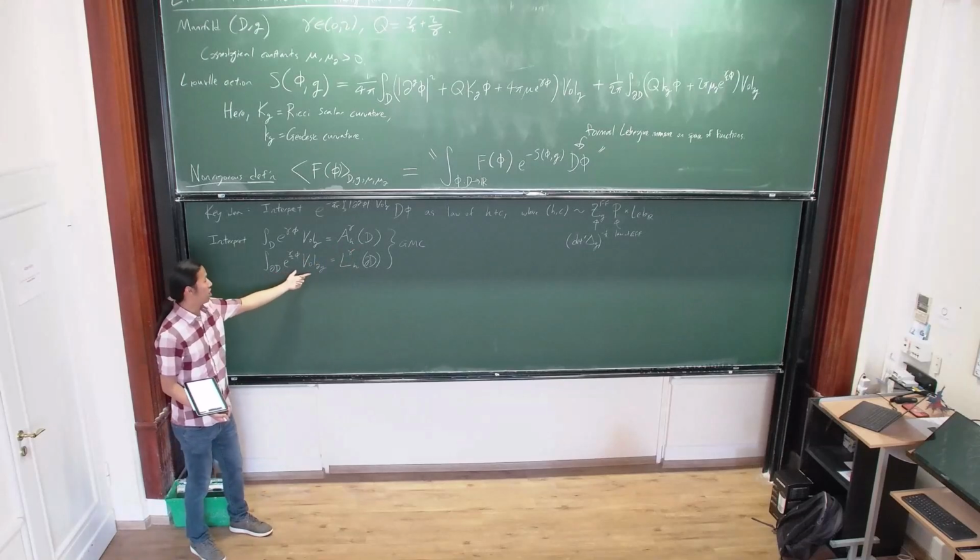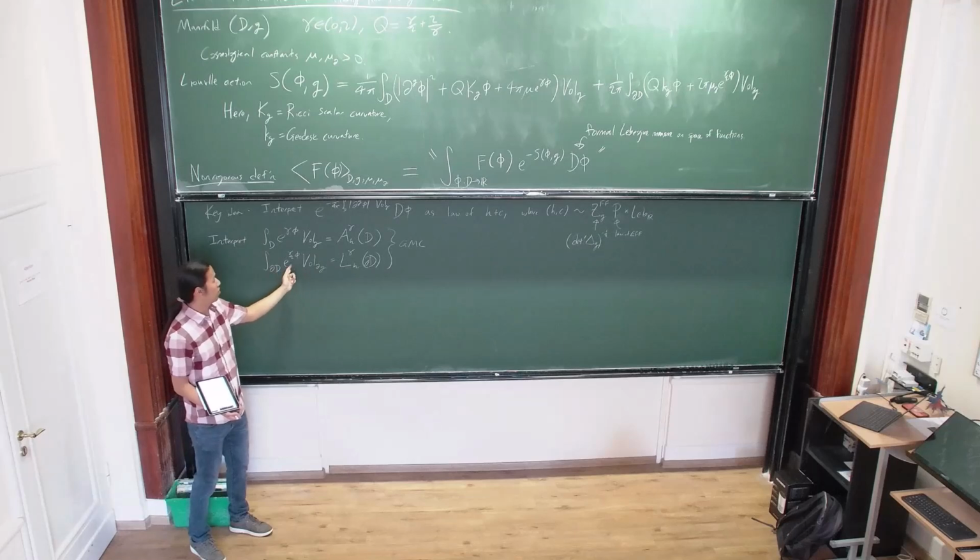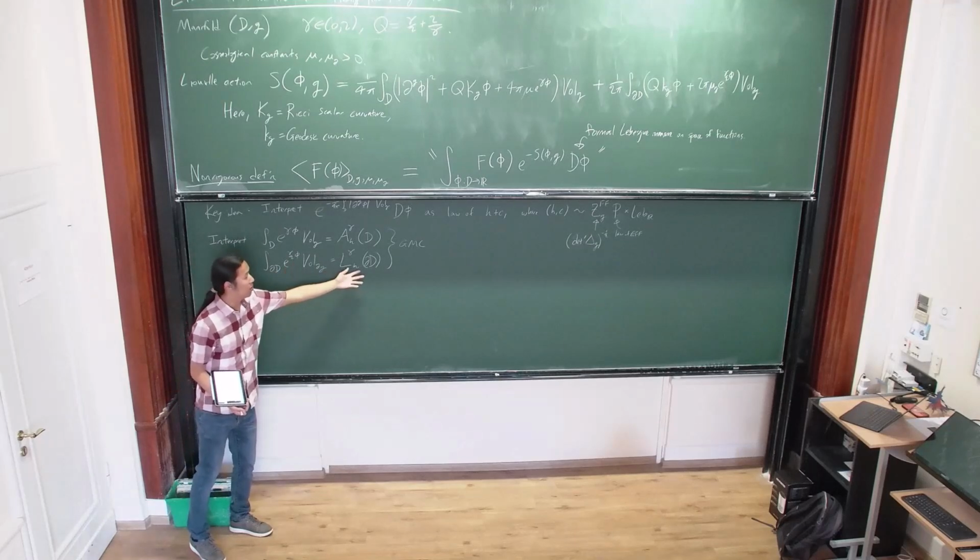And the same for the boundary term. This boundary integral of e to the gamma over 2 times phi is going to be the GMC on the boundary.